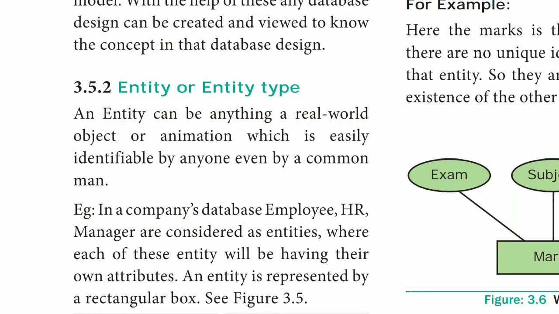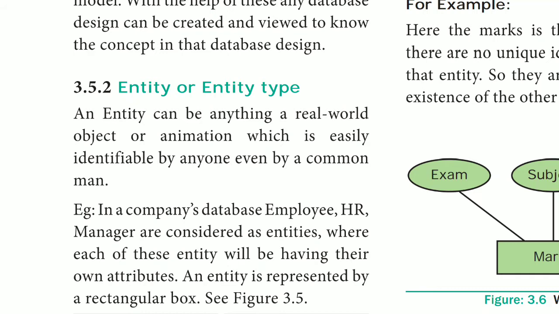You can take any real world object, for example a famous app, redbus.com. Redbus is an application that books you tickets to travel. In that software, what are the entities? The passengers are the main entities.